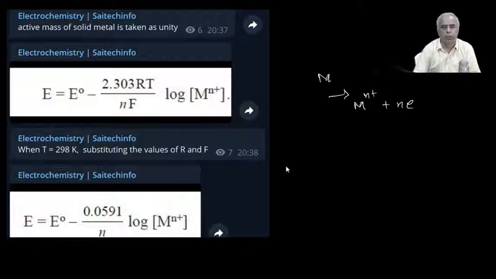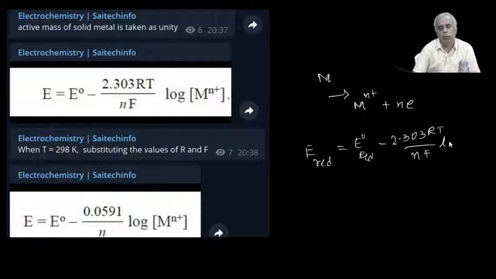So this represents the oxidation potential, because we considered M to M^n+ plus n electrons, de-electronation, that is oxidation. Assuming that it is a reduction, how to write it down? This can be written as reduction potential, so E naught, the standard reduction potential, minus 2.303 RT divided by NF, and put log. For this reduction we had to reverse the reaction, is it not?